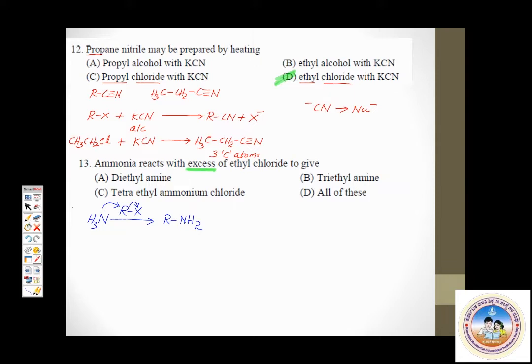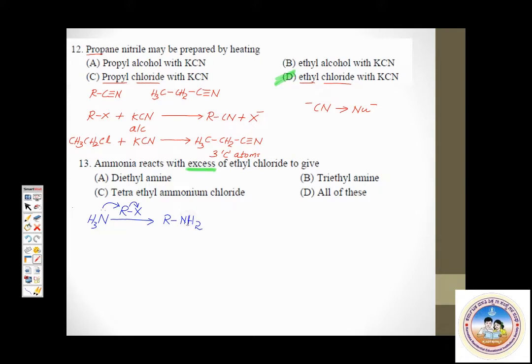Under alkyl halides, we had classified alkyl halides as primary, secondary, and tertiary alkyl halides. What was the basis for that classification? It was based on number of hydrogen atoms. Okay. Look here, RNH2: the nitrogen atom is attached to 2 hydrogen atoms.